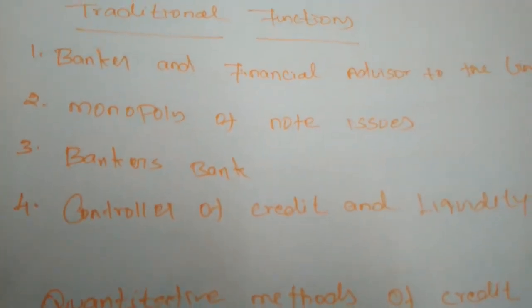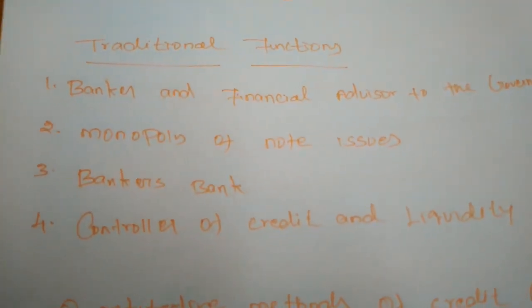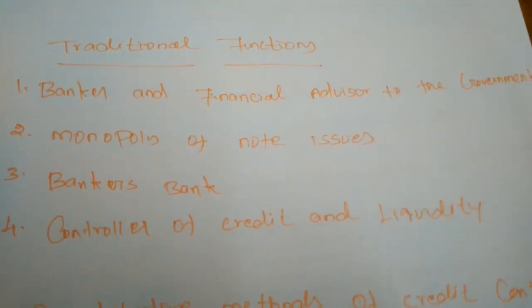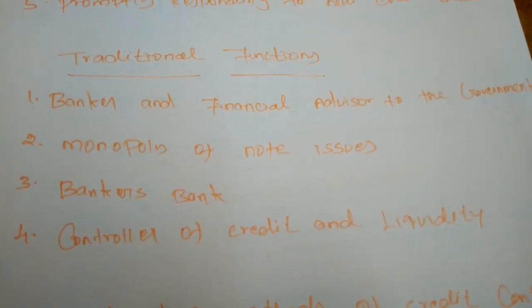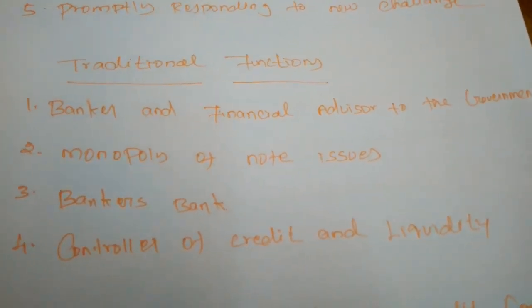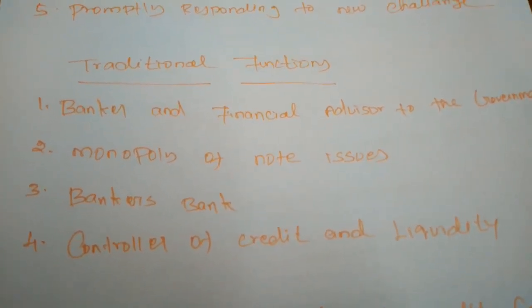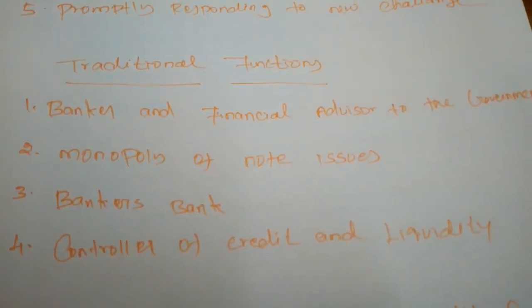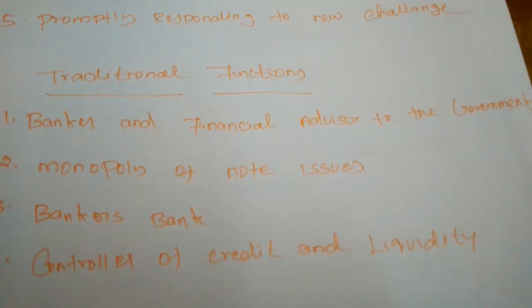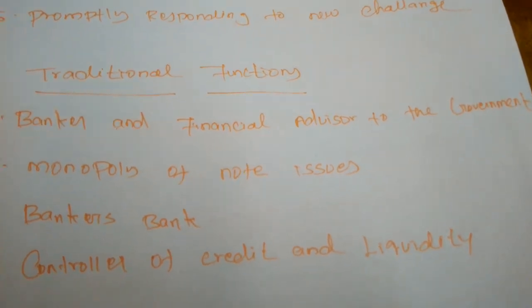Next, the traditional functions. Under these traditional functions, four types of activities are undertaken by the Reserve Bank of India. First is banker and financial advisor to the government. On behalf of the government, the Reserve Bank of India acts as a banker. Commercial banks deal with customers and individual persons.